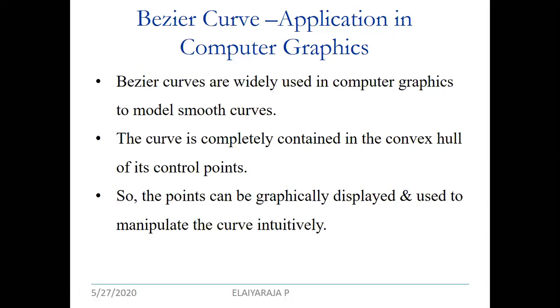To smooth a curve, I am using the Bezier curve algorithm. The curve is completely contained in the convex hull of its control points. The number of control points minus 1 tells you the degree of polynomial. And the points can be graphically displayed and used to manipulate the curve intuitively with respect to the end control points.